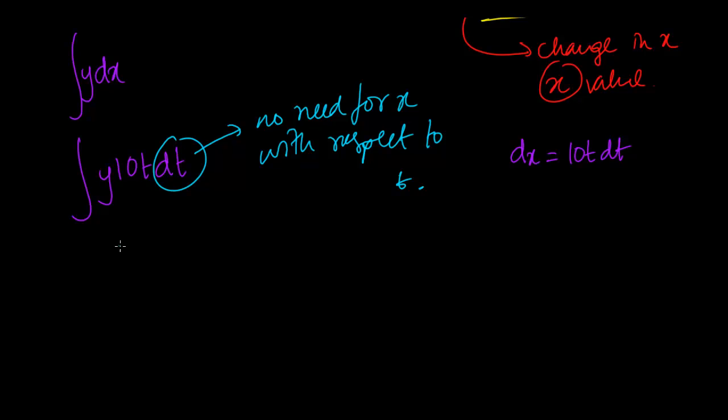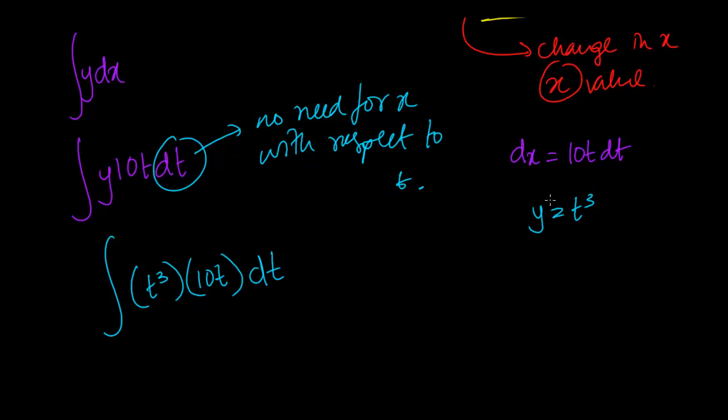So we got to remember y is equal to t cubed. So we simply integrate t cubed times 10t with dt. And that essentially boils down to the integration of 10t to the power of 4 dt.